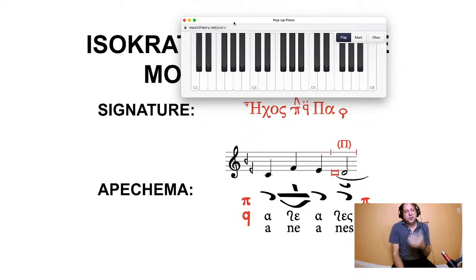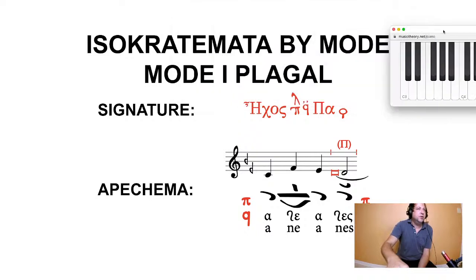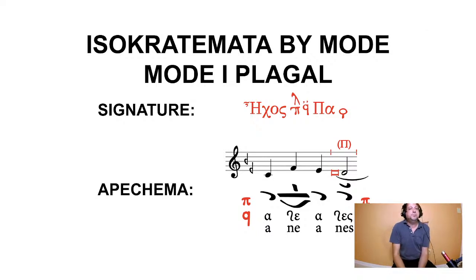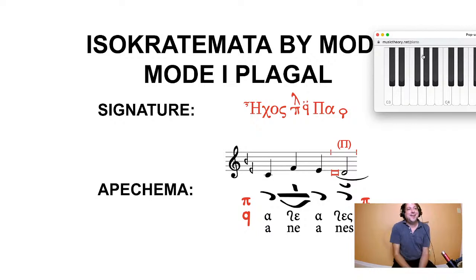You'll notice that first mode was a little bit lower in the scale, and plego first is a little bit higher. We'll get into the specifics on that later. So, the apihima is aneanes. Right? Easy peasy. So it's not ananes, it's aneanes.